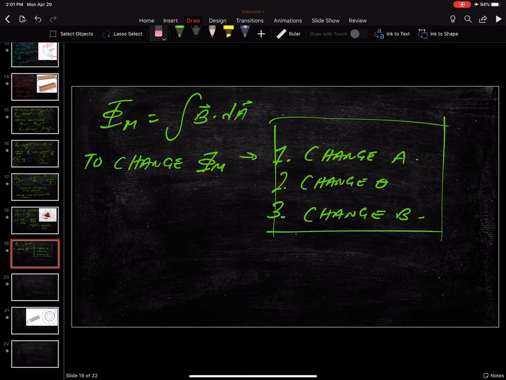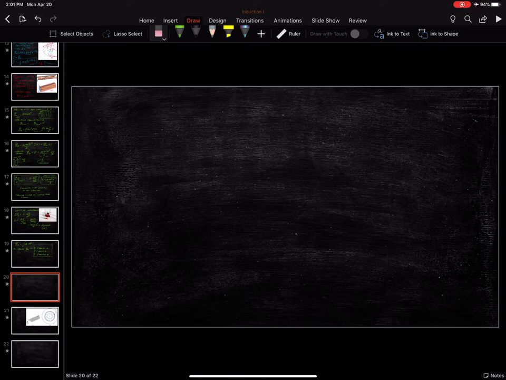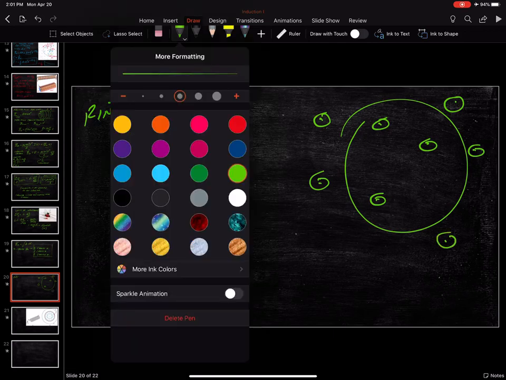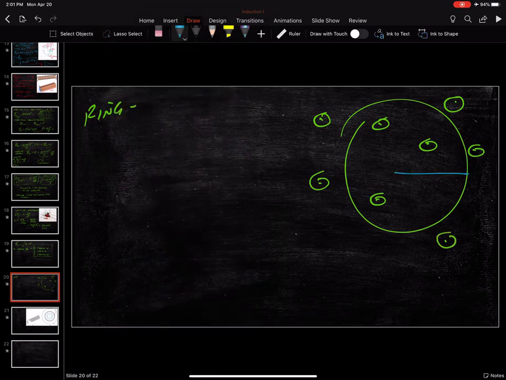Suppose I've got this same, let's think back to this ring. So I've got this same ring here, and now I've got a magnetic field, say, pointing out of the board. And now let's keep a fixed radius here. So this radius here is just some r, and it's fixed, it's not changing.